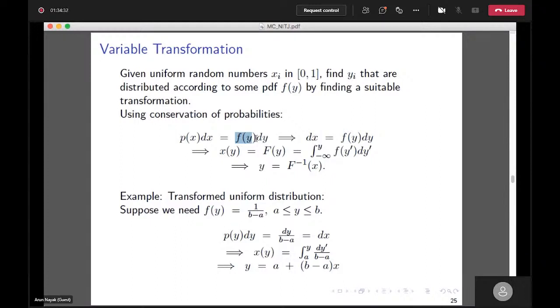So we can use this conservation of probability, and P of x is 1, so dx becomes f of y dy, and so x, which is a function of y, will become the integration from minus infinity to y of f of y prime dy, right? Then y is basically the inverse of x, or the quantile of this function.